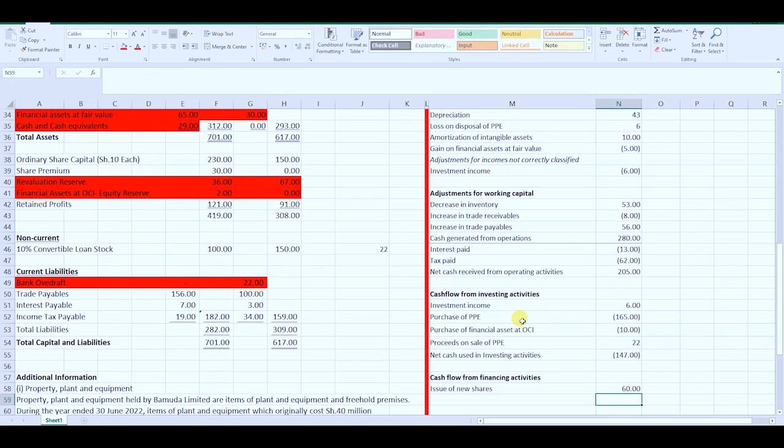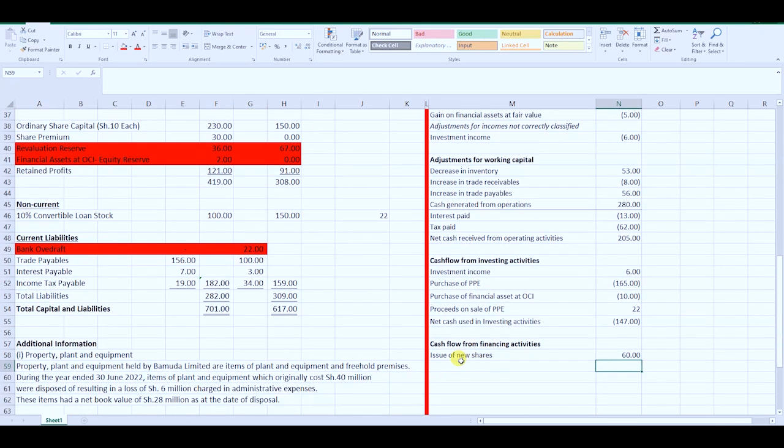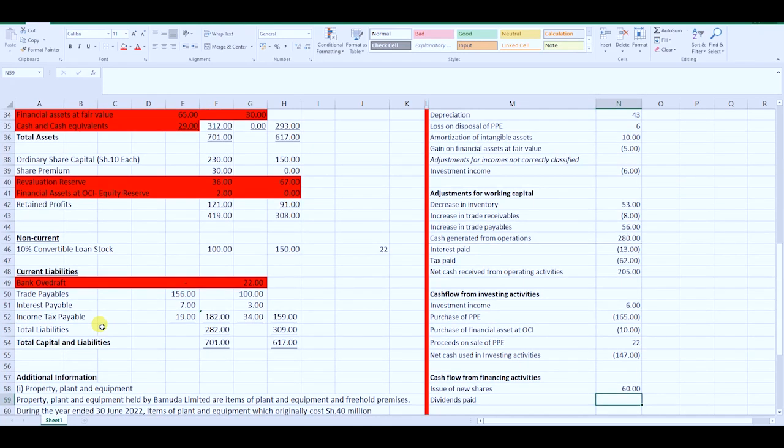Then we proceed on to identify the dividends, if there are any dividends paid. We check the balance sheet. There's nothing to do with dividends in this subsection, so we can move up.